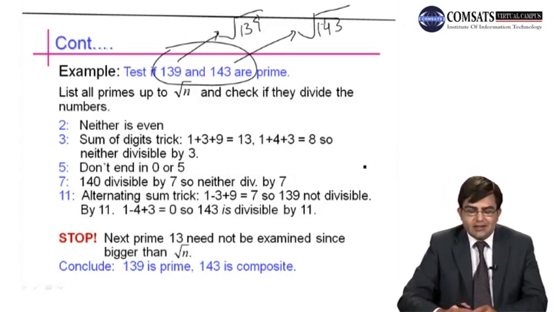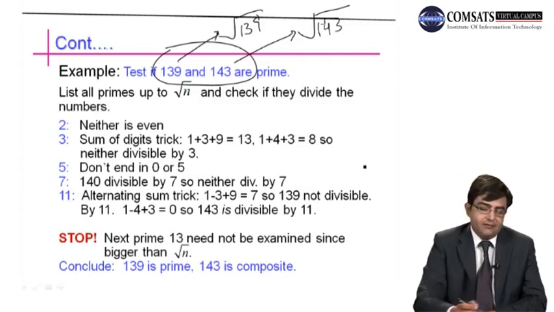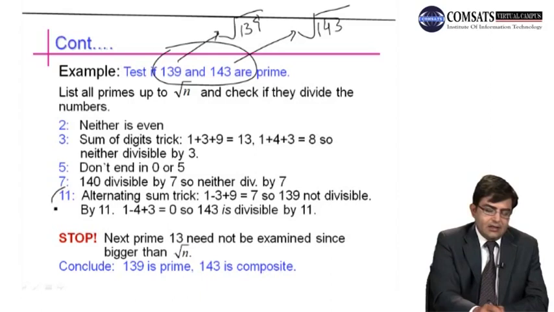So what is the square root of 139? As we know that the square root of 144 is 12, the square root of 139 is approximately 11 point something. So the integer which is less than the square root of 139 is 11.